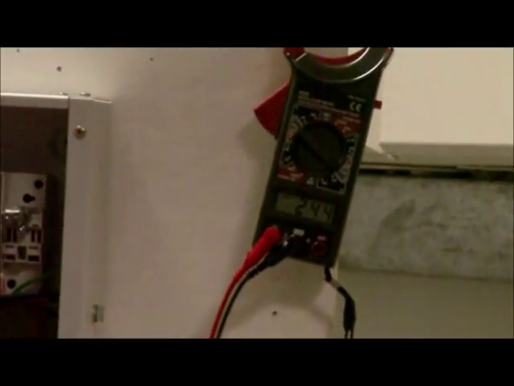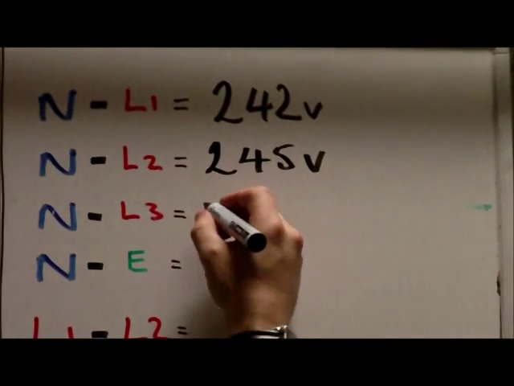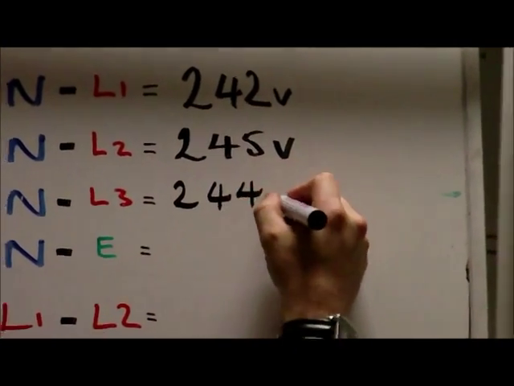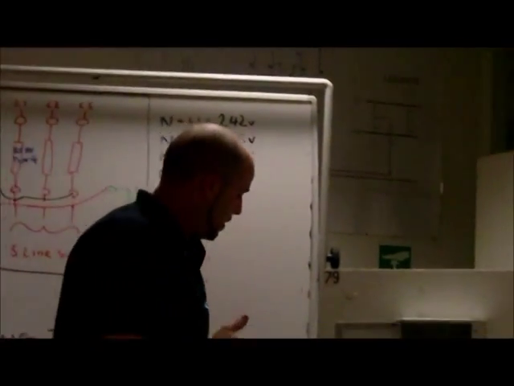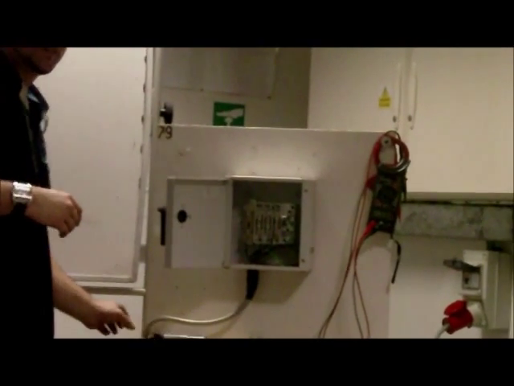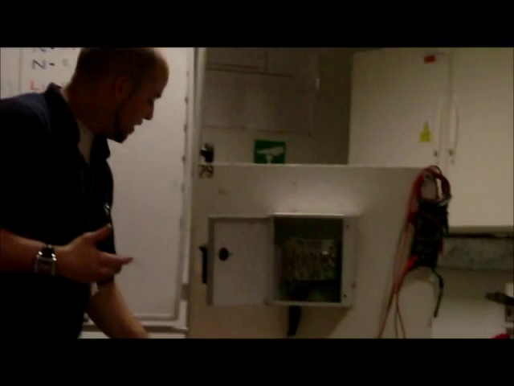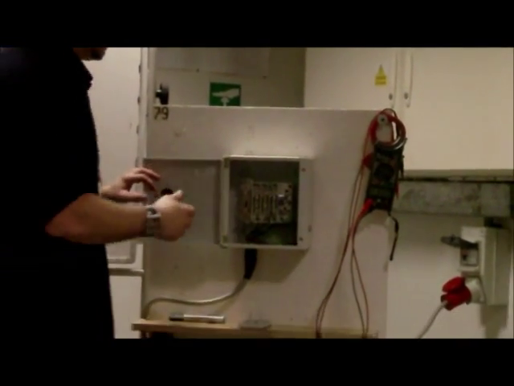And there we've got 244. Now they are within the same region of each other. You tend to find on installations, if there is going to be voltage drop on any one of the lines, it is your L1 or your brown conductor. The reason is that it's the one that's used generically more than any other.